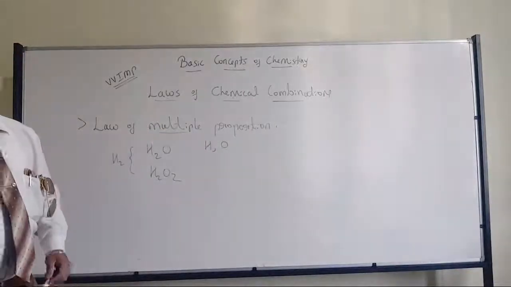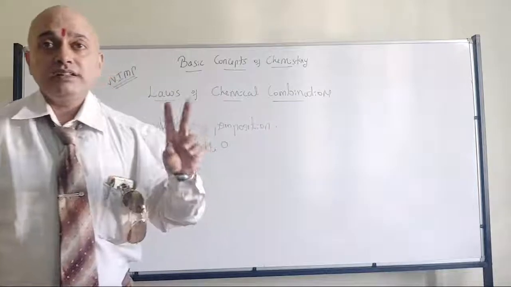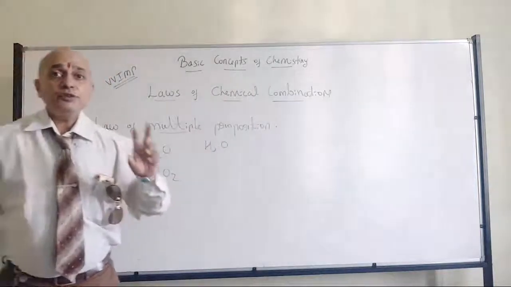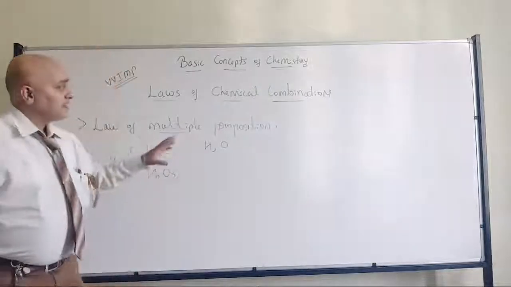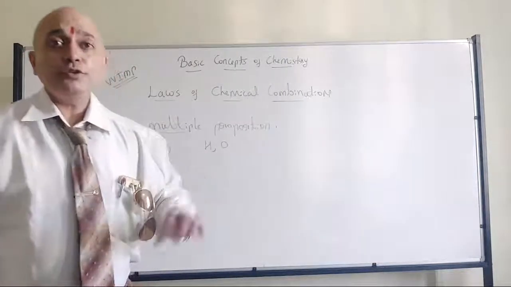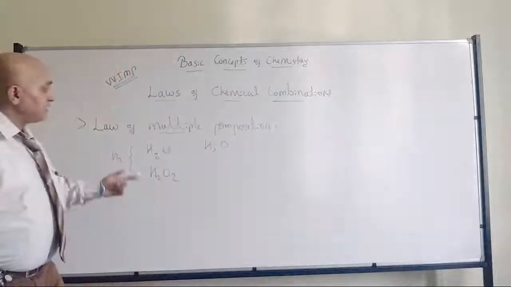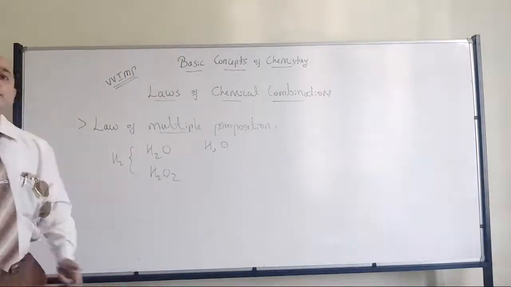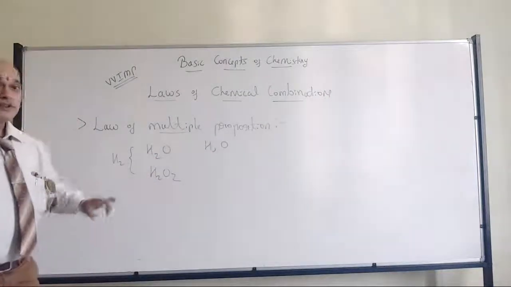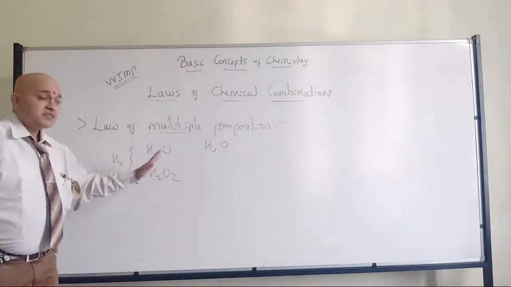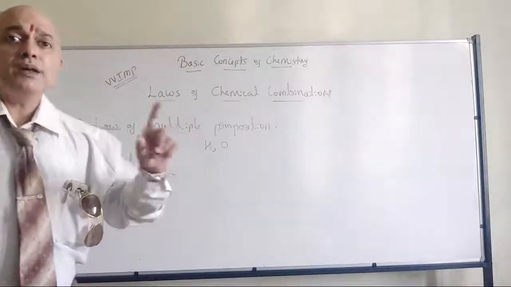It tells that when two elements are involved in forming more than one compound, in this case water and hydrogen peroxide, then any one element combining with a constant mass of another element will form a simple whole number ratio.